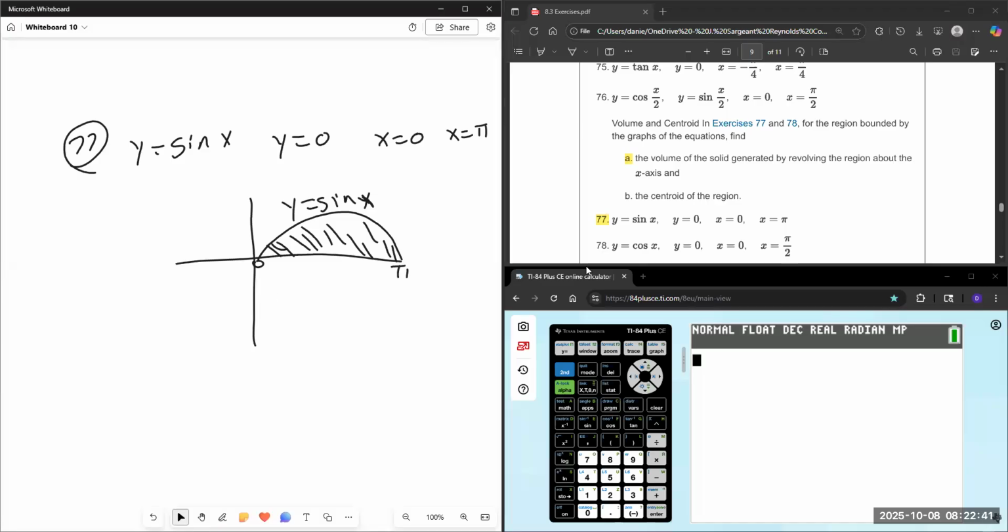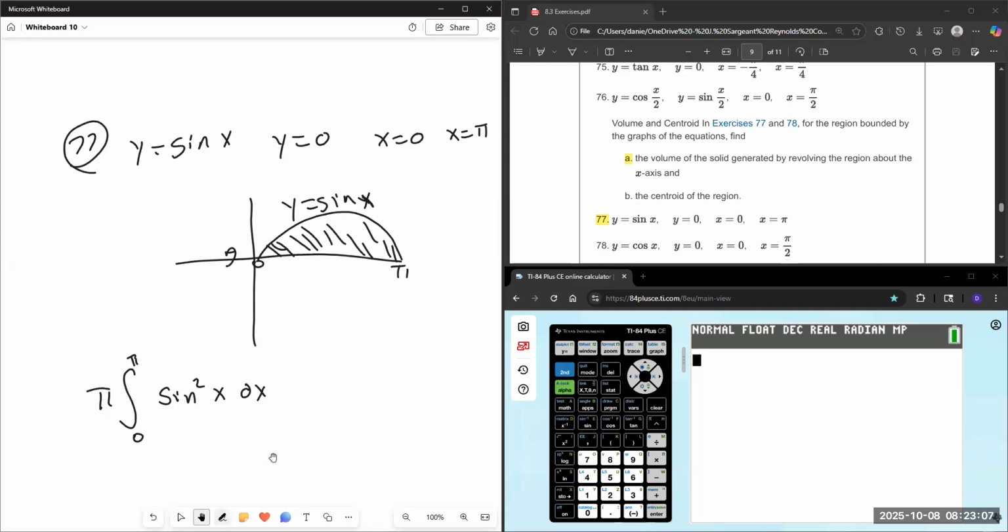And we'd like to revolve around the x-axis. So rectangles perpendicular to the axis of rotation would be great, using the disk washer method, from 0 to pi. This will be sine squared x dx, because r is sine of x and I need to square my r function.